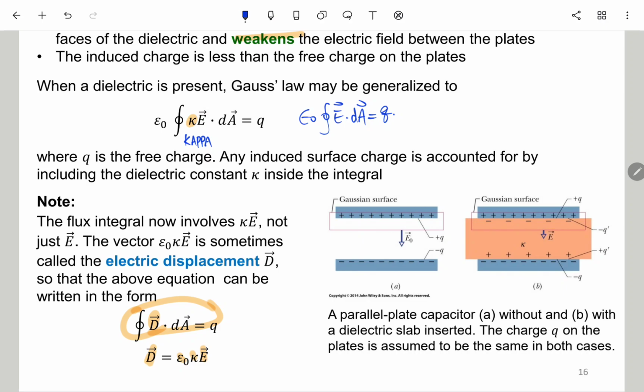Or sometimes they will use another variable, epsilon, which will be kappa epsilon naught, so that it sometimes will also change the Maxwell equation to be the integration of epsilon E dot dA equals Q. For this case, we put the epsilon inside the integration because the material may not be so uniformly distributed. So this is the case.